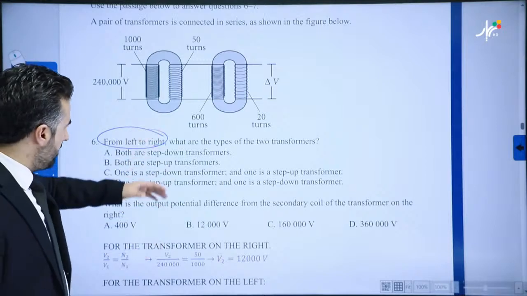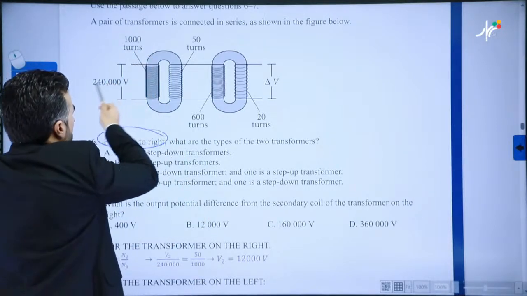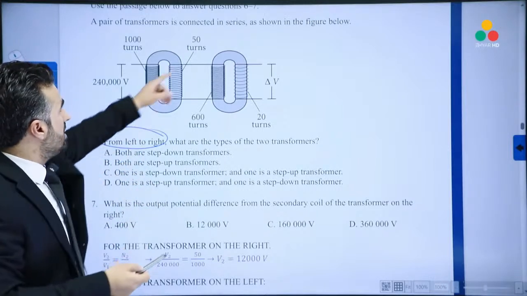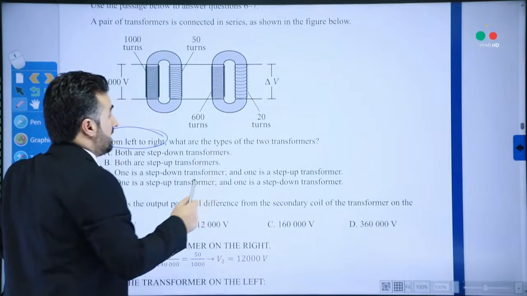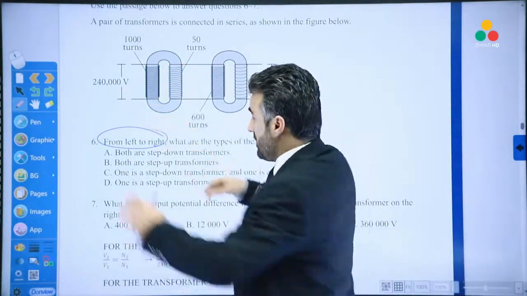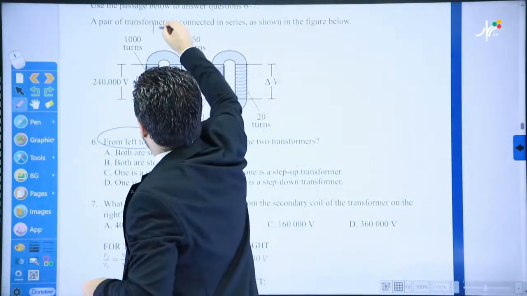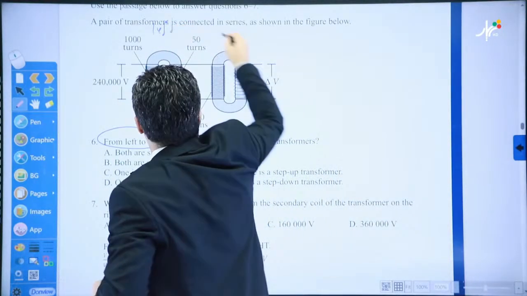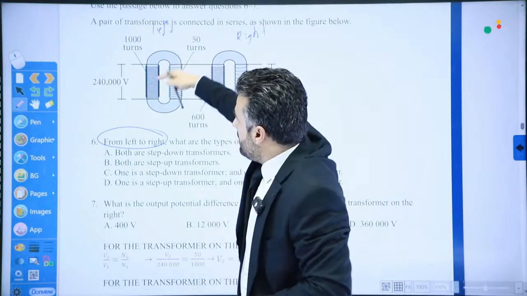Before we go through the choices, take a look at this. You can see there's 1,000 turns, there's 240,000 volts, there's 50 turns, and on this one here, there's 600 turns, and then there's 20. If we look only at the transformer to the left, this is the left transformer, and this is the right transformer.